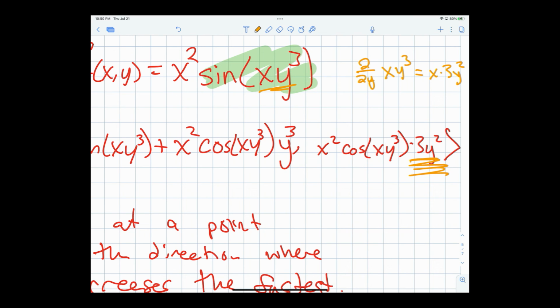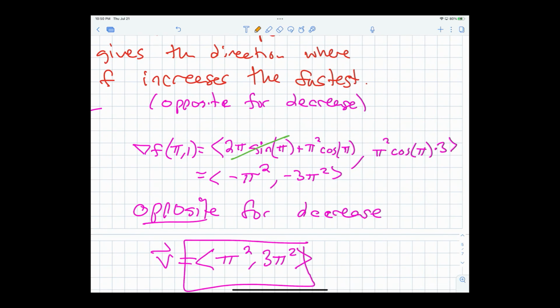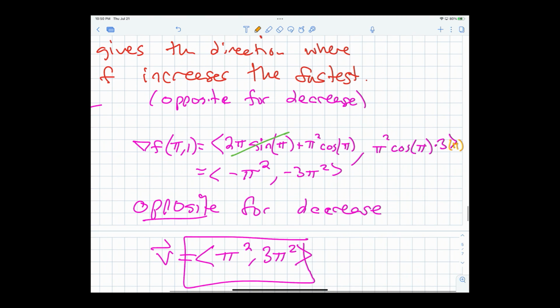So I just missed an x there. So that should have had an x, which is an extra pi. So that should have been a 3.